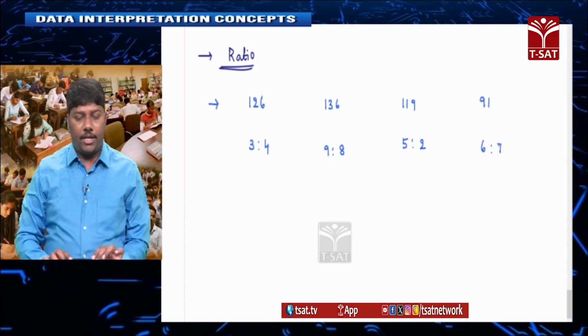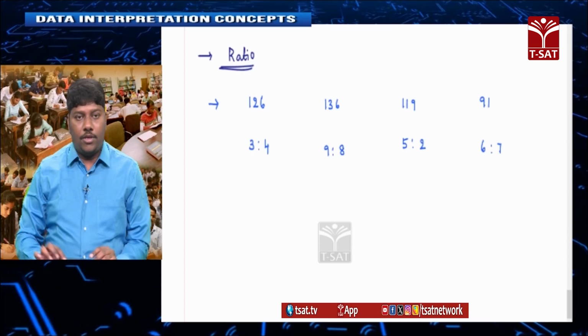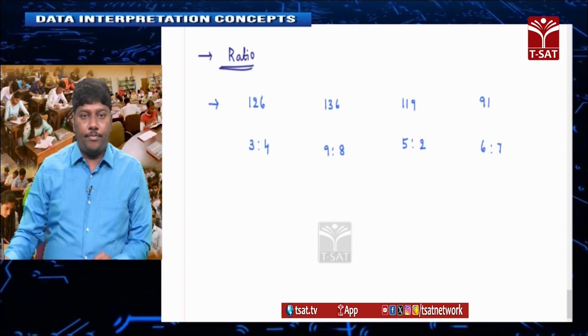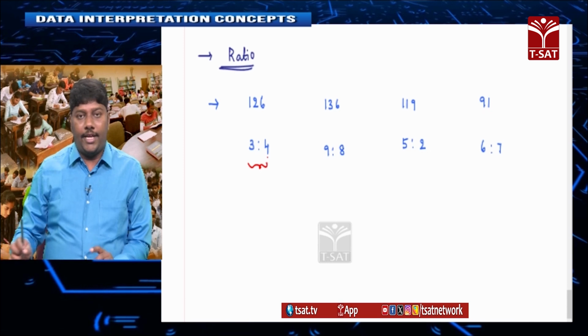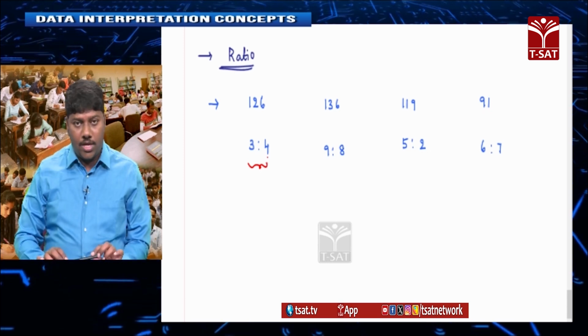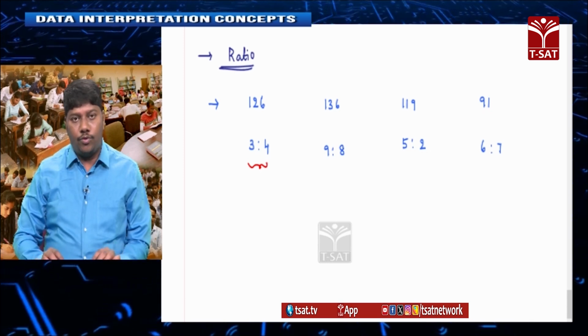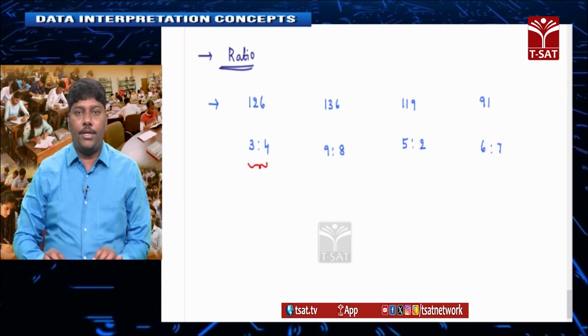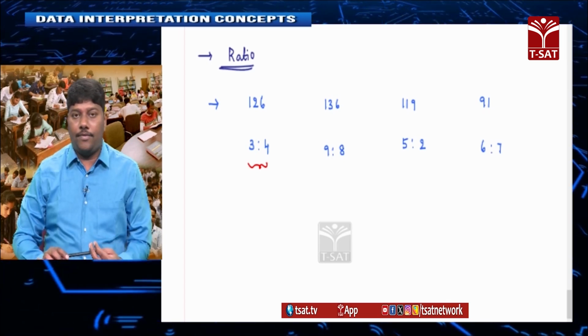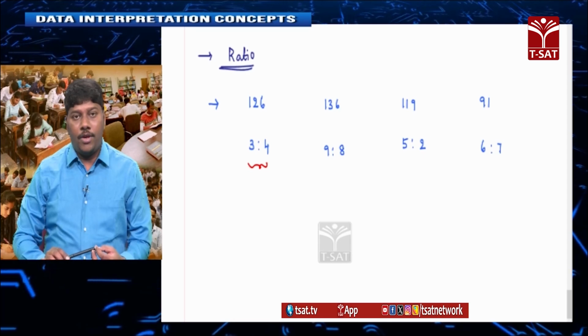Now, how do you divide the given numbers in the given ratio? Without wasting time, in mind always assume 3 plus 4, there are 7 parts in this ratio. This 7 parts is equal to 126. When 7 parts is 126, you should be able to factorize the given number 126 quickly.